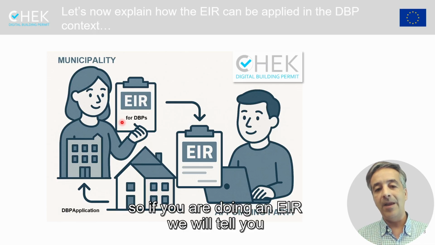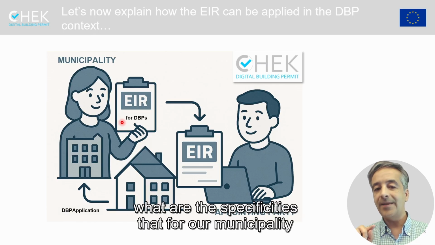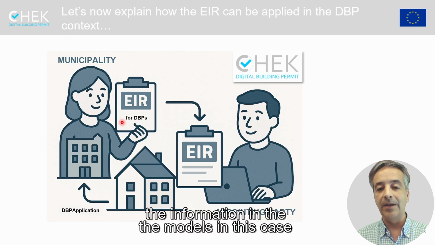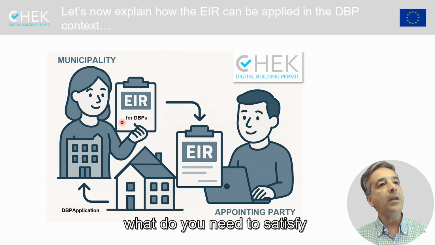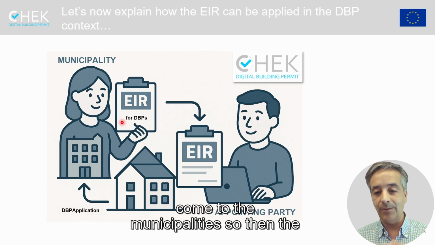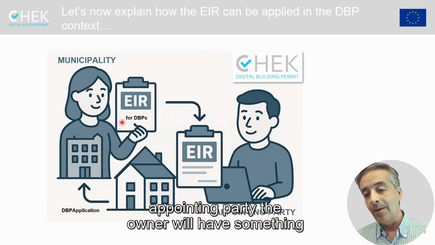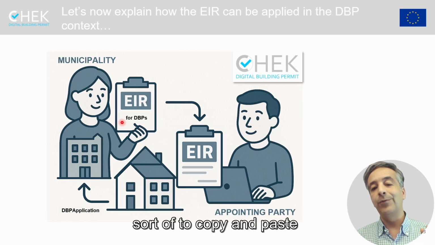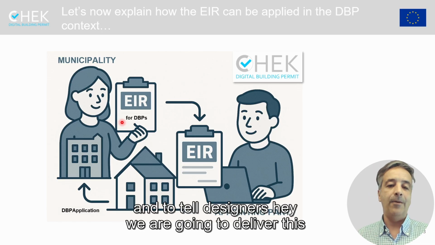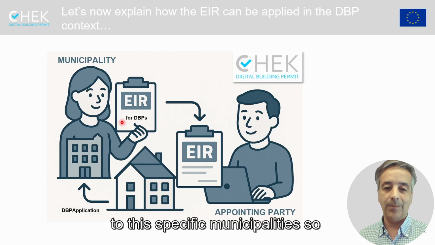So if you are doing an EIR, we will tell you what are the specificities for our municipality and for our way of receiving the information in the models, in this case in IFC format, what you need to satisfy so that your process will be smooth when you come to the municipality. So then the appointing party, the owner, will have something to copy and paste, or at least to analyze carefully and to tell designers, hey, we are going to deliver this to this specific municipality.